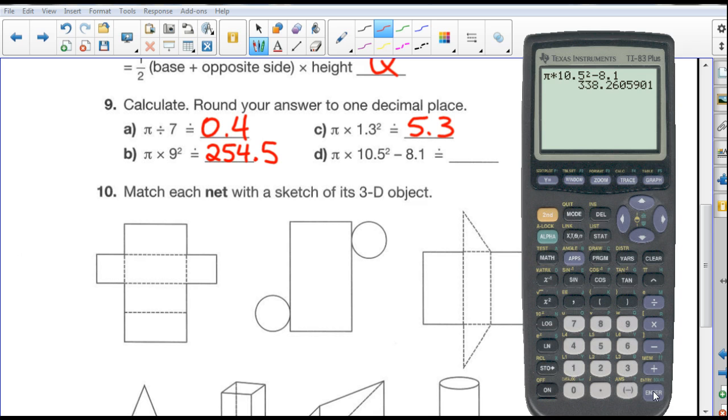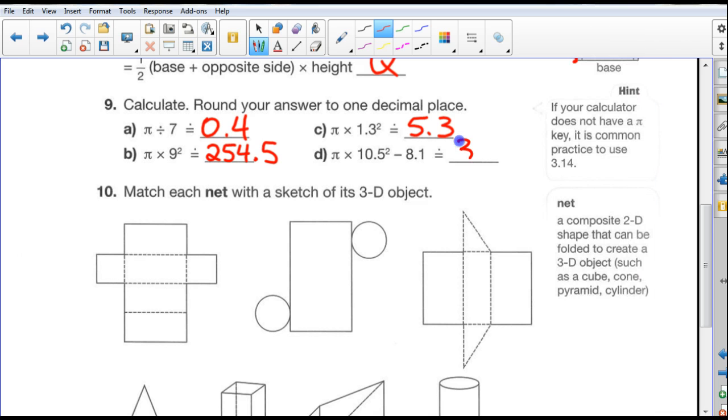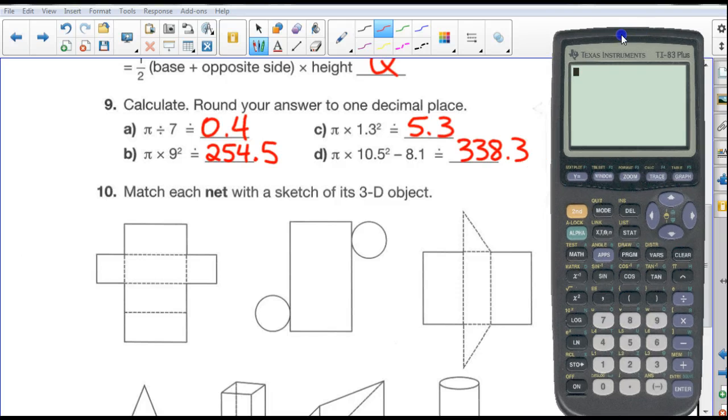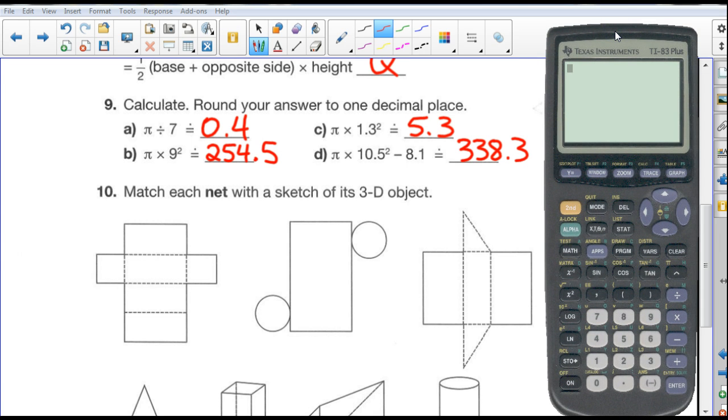It's 338.3. Now, I didn't put any brackets in this one at all. Let's just see if we get the same answer, 338.3, if I do the brackets. So I'll take second function pi. I'm going to multiply that by, and then I'm going to put in 10.5 squared minus 8.1.